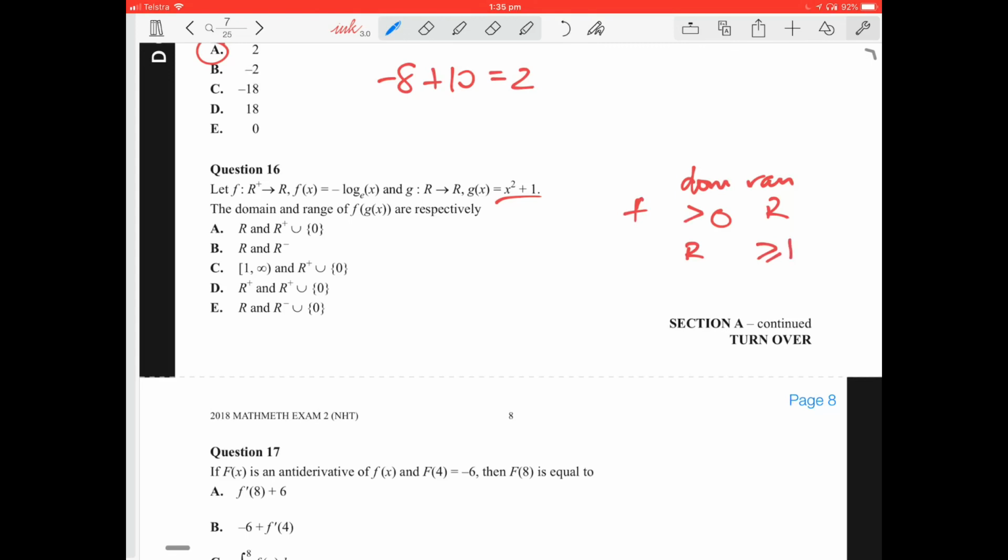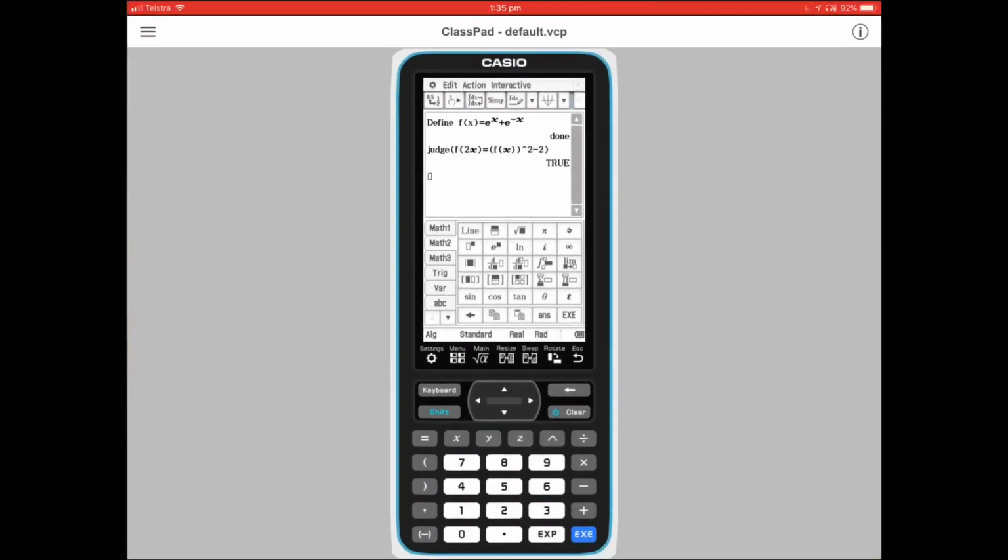So we're putting g of x into that; the range of g of x fits into that. So your domain is all reals. And then the range of that function is the range of negative log e of x squared plus 1. So let's have a look and see what that is.